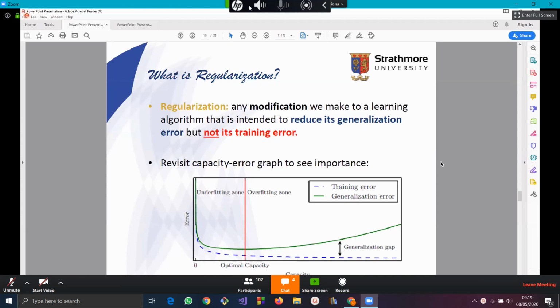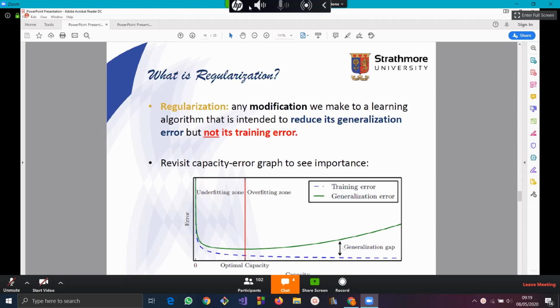Yes, a modification. This modification is going to reduce the generalization error, but not the training error. So if you just sit for a moment and try to reason this thing scientifically and computationally, as a sophisticated machine learning engineer, you're able to see this thing.